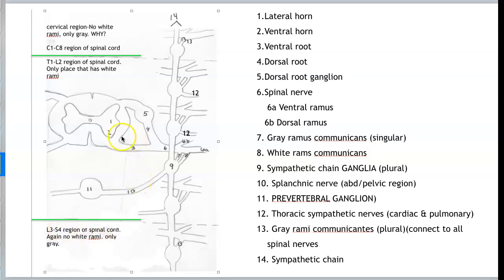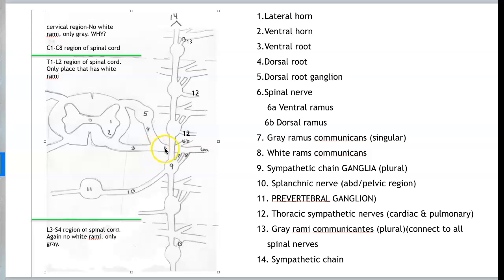So let's label this. Number 1, you already know. This is the lateral horn. Number 2, ventral horn. Number 3, ventral root. Number 4, dorsal root. Number 5, the dorsal root ganglion.